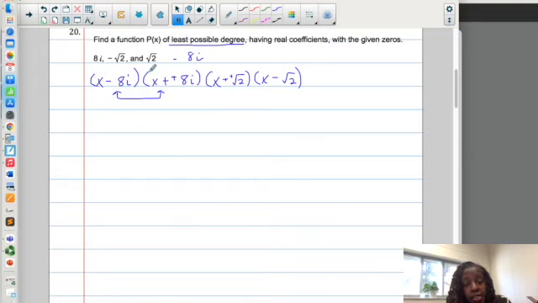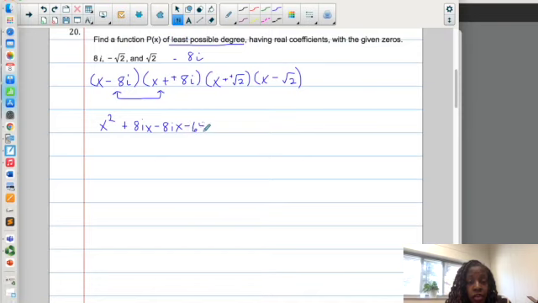So if we multiply x times x, we get x squared. We multiply x times 8i, we get 8ix, and then negative 8ix, so they're going to cancel out. I'm not a big fan of writing down stuff that cancels out, but let me show you: 8ix minus 8ix. Negative 8i and positive 8i make negative 64i squared.